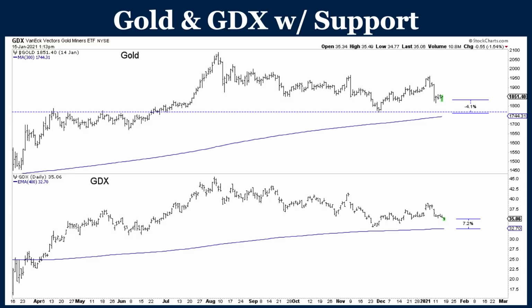So the moving average is coming up pretty close to the end of November low. It's within 1% now. So, and again, back to GDX, that has a little more than 7% downside to the 400-day exponential moving average, which is, I think, within, I want to say, about 2% of the late November low.